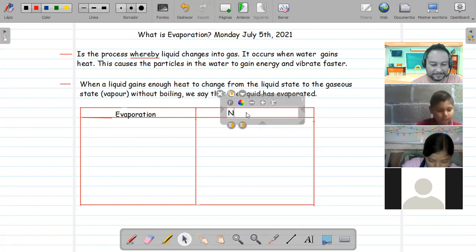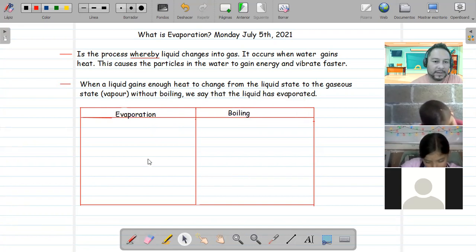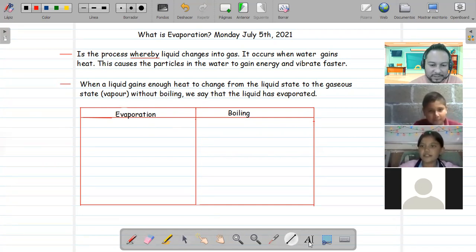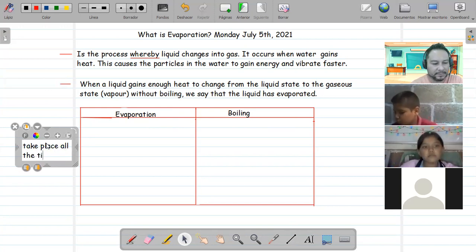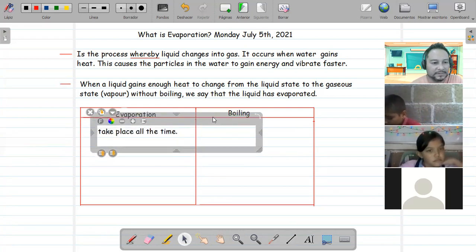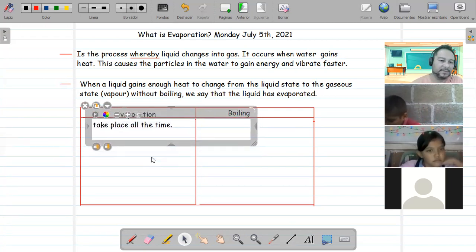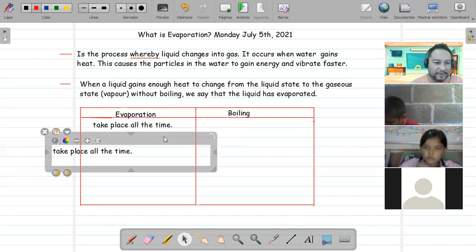Okay, boiling. Evaporation takes place all the time. This is for evaporation.